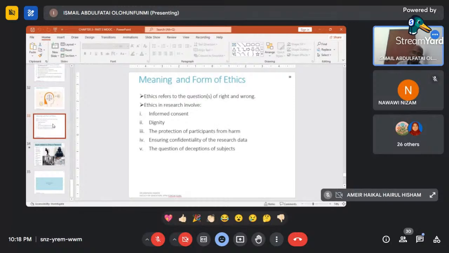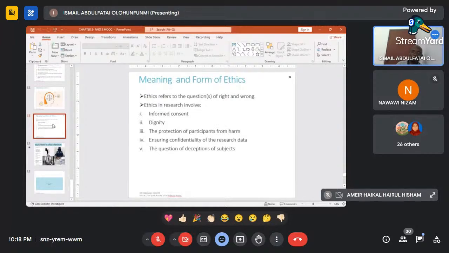What is informed consent? If you want to collect data, maybe from a university, from the Department of Biology, you need to write a letter to them, informing them that you want to collect data from there. That is what is called informed consent. You must do this. It's part of the ethics of research.